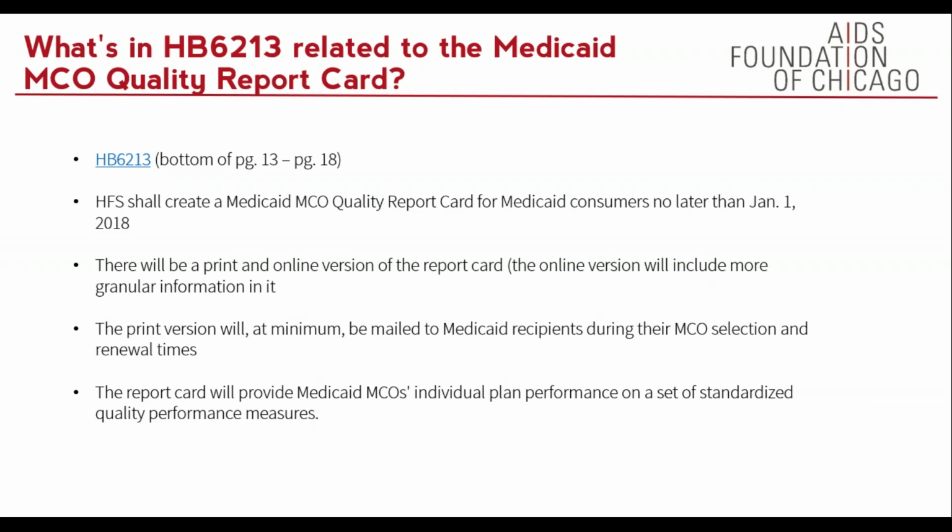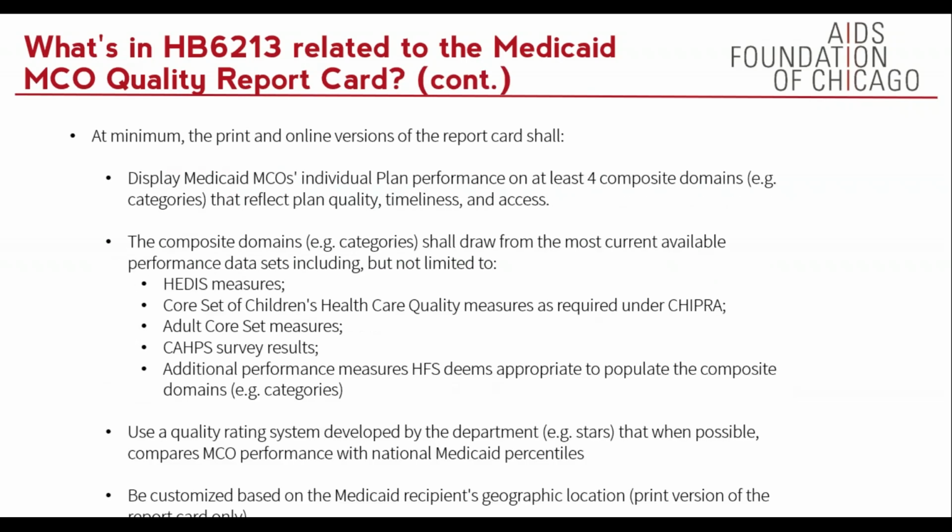So anytime that Medicaid MCO packet gets mailed to the recipient, an updated print version of this report card needs to be in that packet. And that's already started happening, which is great. And then the report card, as an overall frame, really is supposed to provide Medicaid MCO plan performance on a set of standardized quality measures or metrics. Next slide, please.